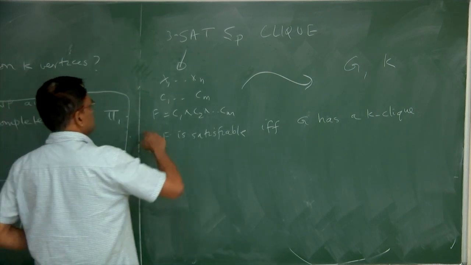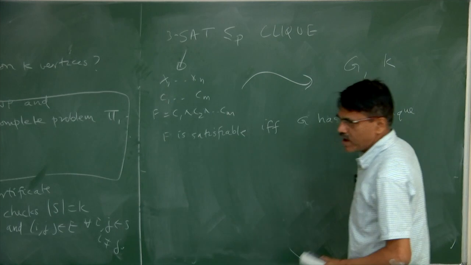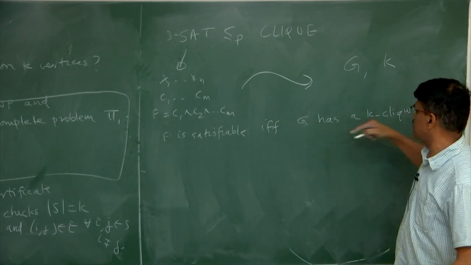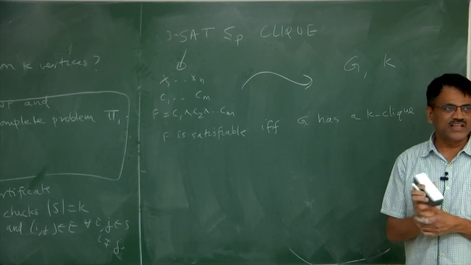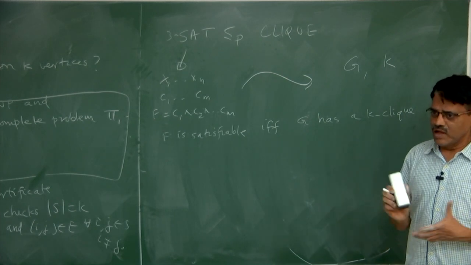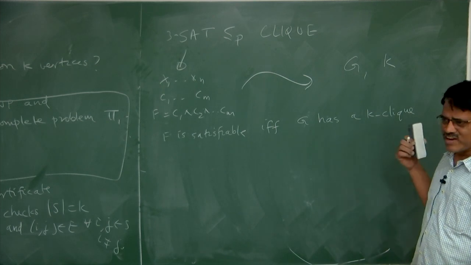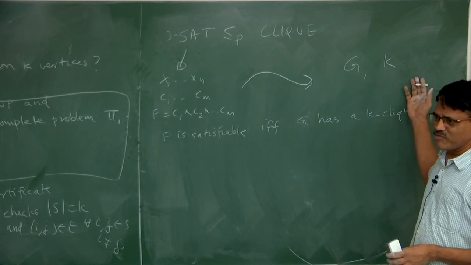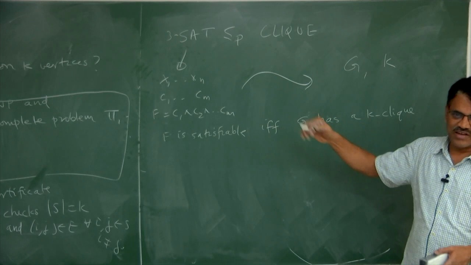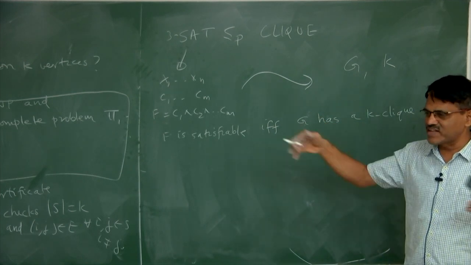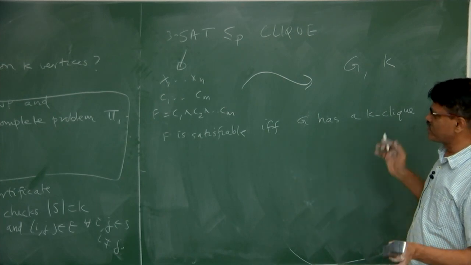From here, I want to construct a graph and an integer such that f is satisfiable if and only if G has a k-clique. Now let's see how we would go about doing this, because it's sort of different kinds of problems. This is a graph problem, this is a problem in logic, and that's what makes this whole NP-completeness theory interesting. It connects problems of different nature.